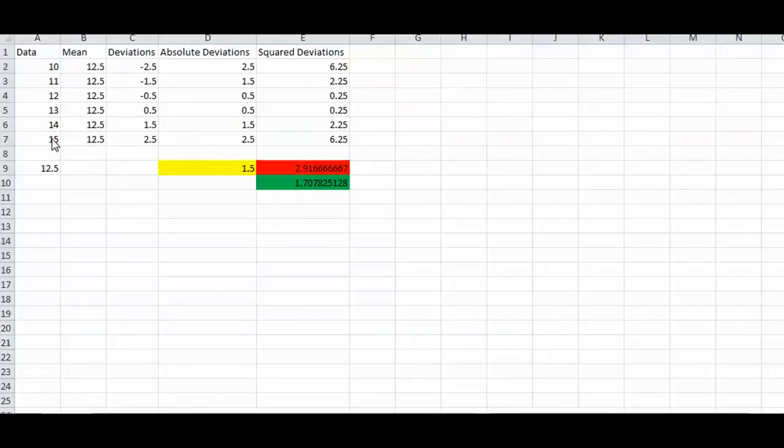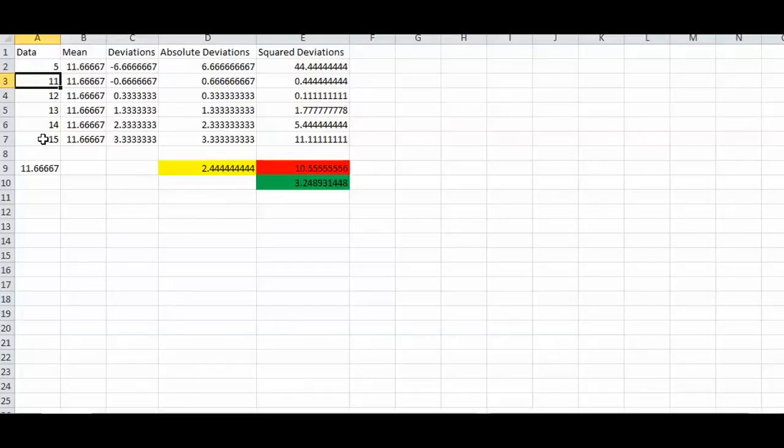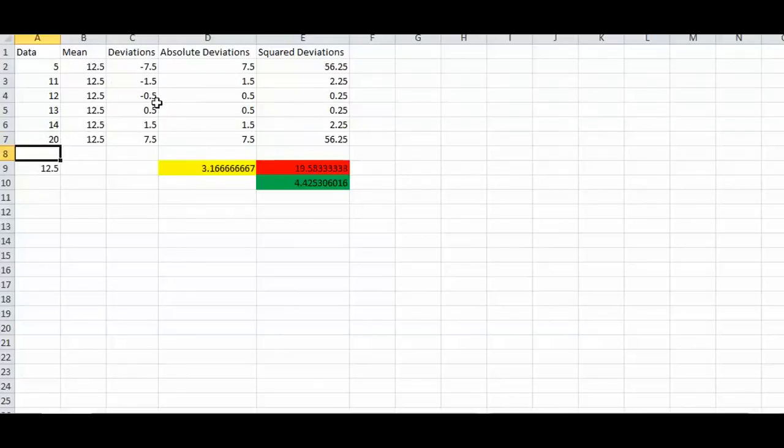So instead of it being 15 minus the mean, it'll be 20 minus the mean, which will give us a bigger deviation right here. So let's see that happen right now. Right, so these 2 deviations have increased.